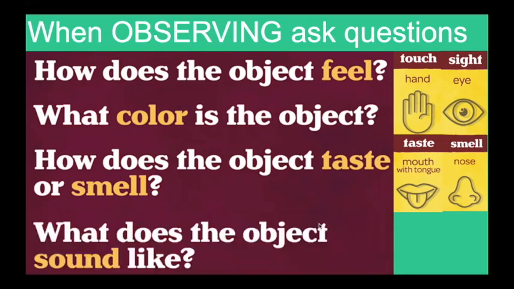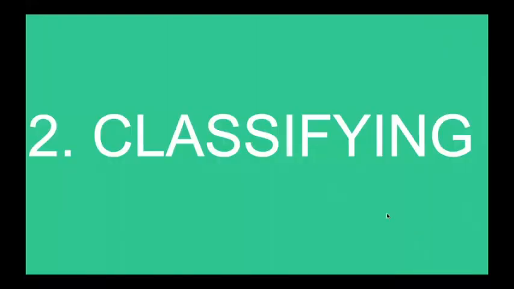All right, and last question, what does the object sound like? Repeat after me. What does the object sound like? We use our ears to hearing the sound, right? And we answer the question. All right, this is about observing.